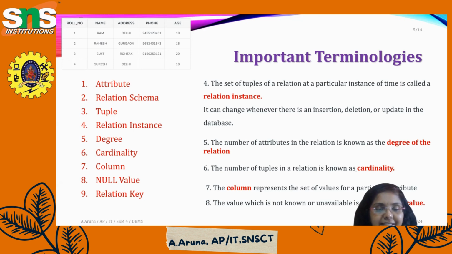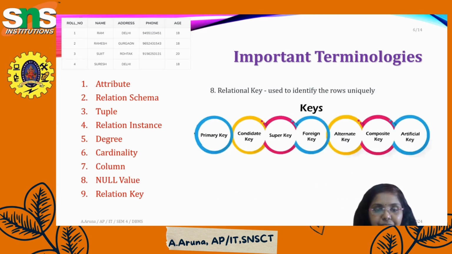And also the next thing is relational key. We have so many keys available. Relational keys are used to uniquely identify the data, and for that we use a key.